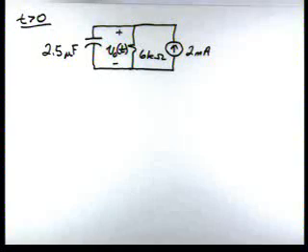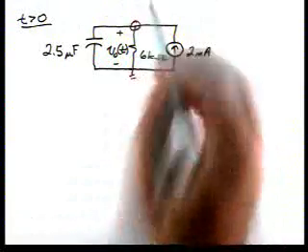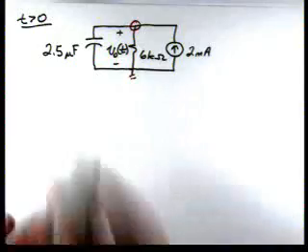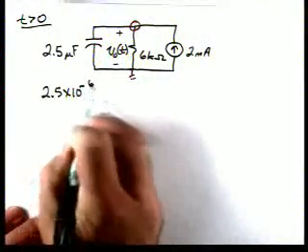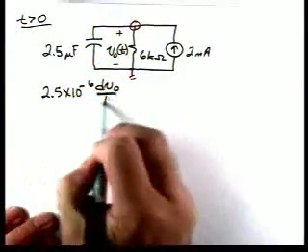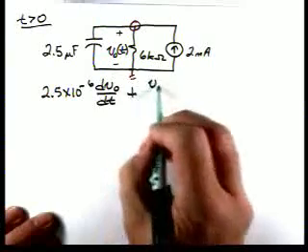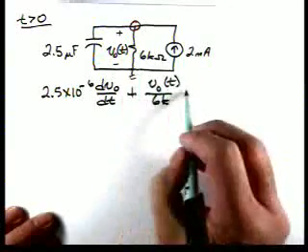So we've got a reference node, and then we can apply KCL at the top node. When we do that, we'll have 2.5 times 10 to the minus 6 dV0 dt. That's the current through the capacitor. Then we'll have V0 of t over 6K. That's the current through the resistor.